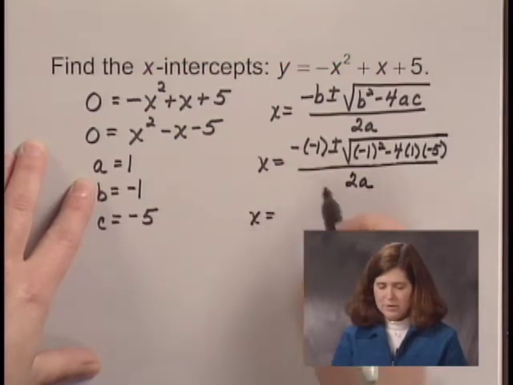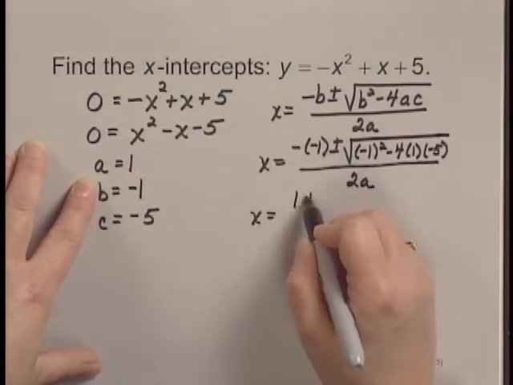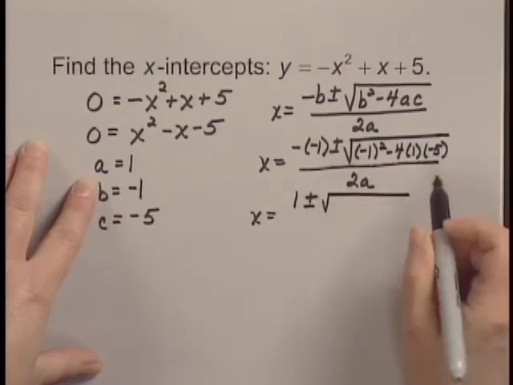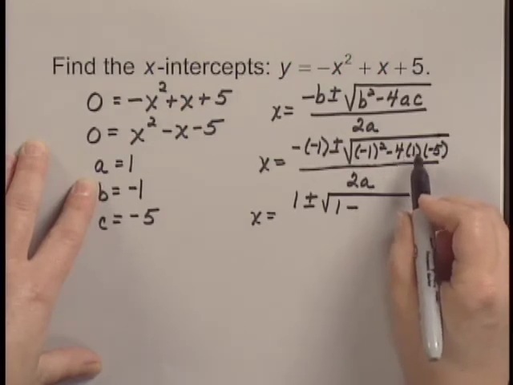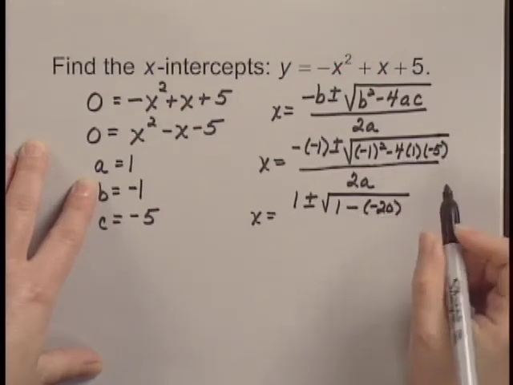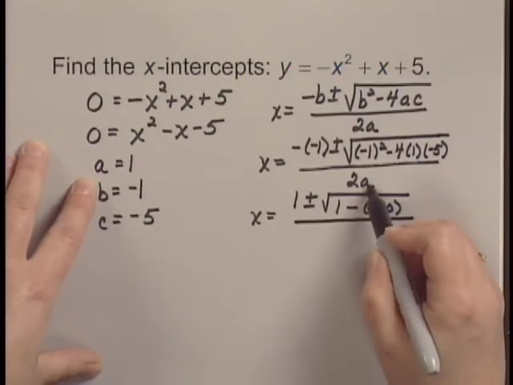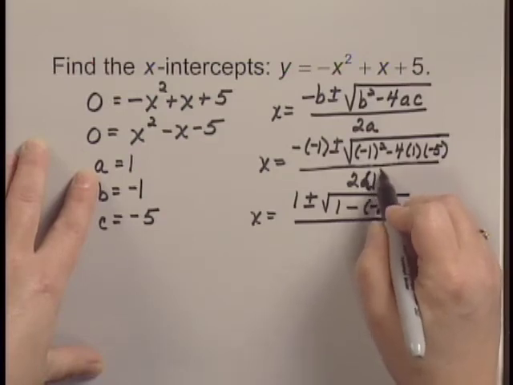So x equals the opposite of -1 is 1 plus or minus the square root of -1 squared is 1 minus 4 times 1 times -5 is -20. And I didn't substitute a here, I should have. This would be 2 times 1, which would be 2.